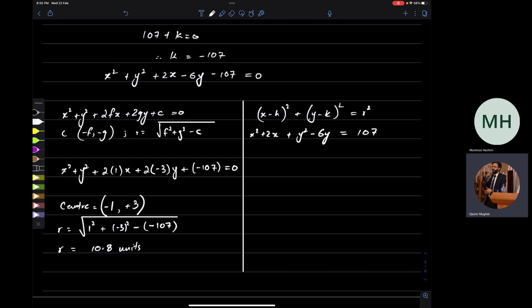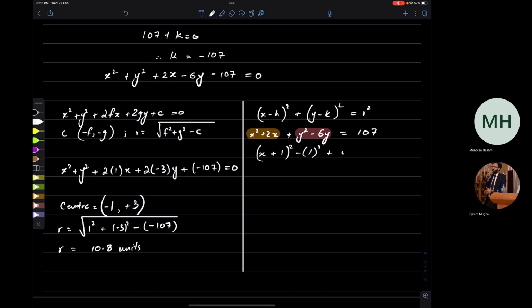Now let's apply completing the square. I'll do this one first. For that one, it's going to be x plus half of 2 is 1 whole squared minus 1 squared. That's done for this one. Now let's move on to this part. That is going to be plus y minus 3 whole squared minus 3 squared.